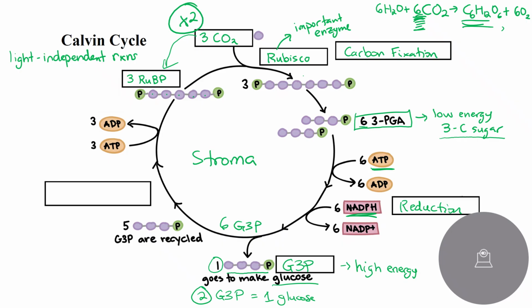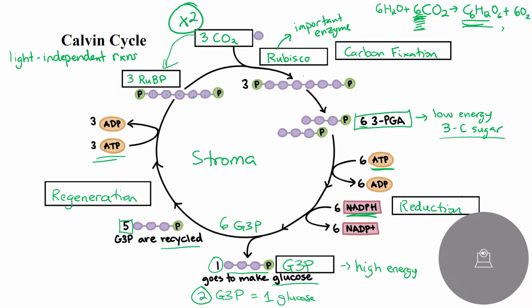Okay. Now, the other 5 G3P are recycled to regenerate RuBP. And in the very classic way of naming that step, we're going to call it regeneration. In order to transform these 5 3-carbon molecules into 3 5-carbon molecules, ATP is needed, energy is needed.